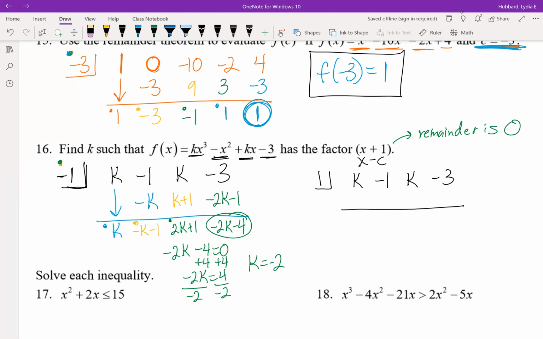So I'm going to start by actually working backwards. So I know my remainder has to be 0. So if my remainder is 0, I know that this is going to have to be a +3. Okay, because that's the only way I'm going to get 0. Sorry, it's a -1. Okay, I know that if that is a +3, then this would have to be a -3.